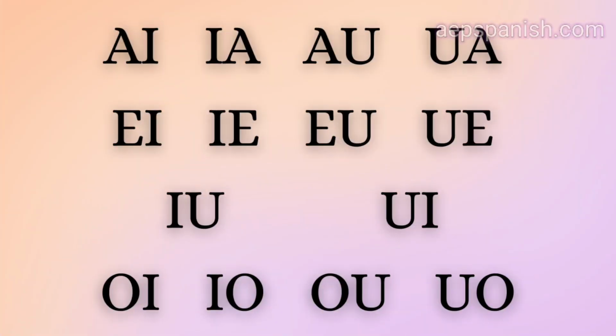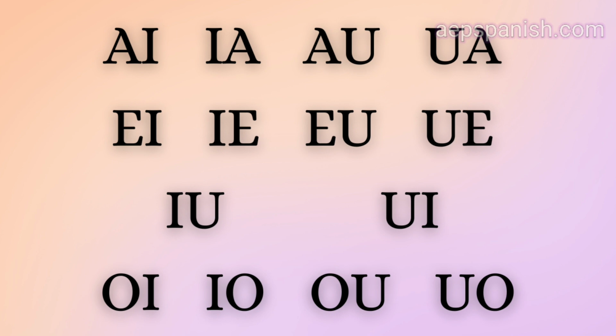Another thing we need to know about the accent in pronunciation is that it can break the diphthong. If you remember, we said that in the other video, and we said we are going to explain it here. So let's see the diphthongs. This is our diphthong list.